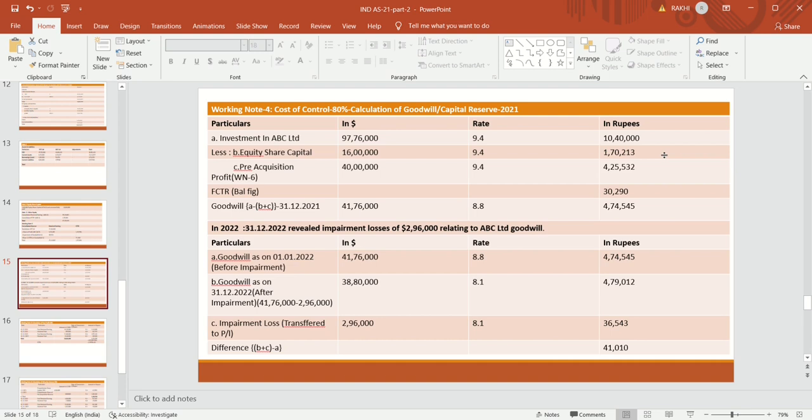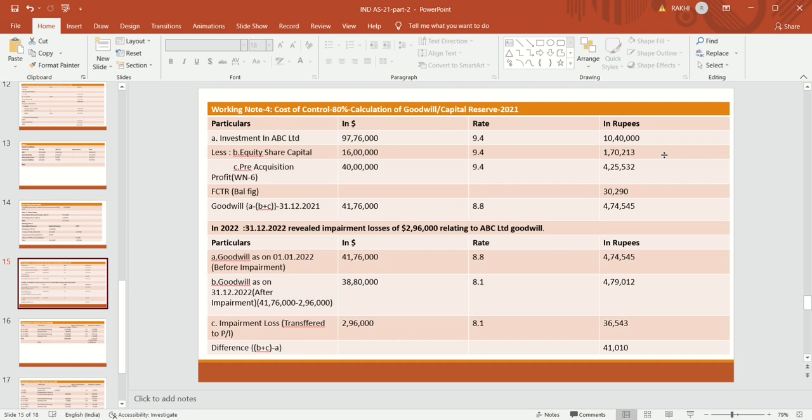Goodwill before impairment will be 41,76,000 at the rate 8.8, but after impairment we will reduce 4176 by 2,96,000, which gives rise to 3880. That is to be translated at the closing rate, that is 8.1.